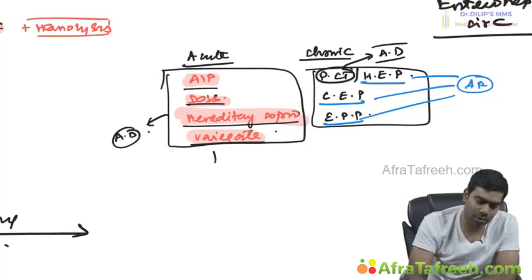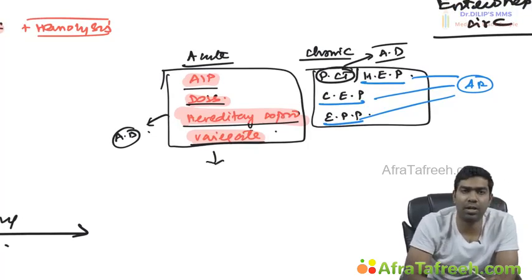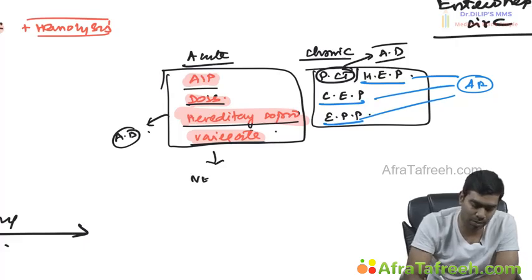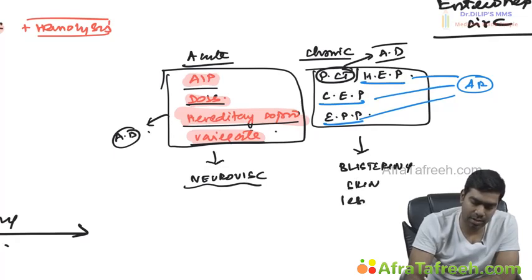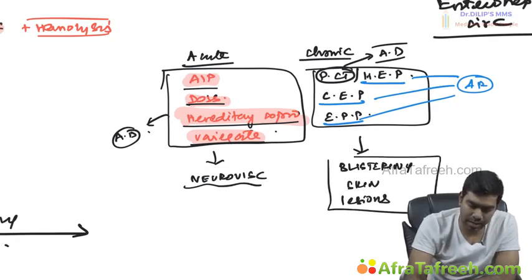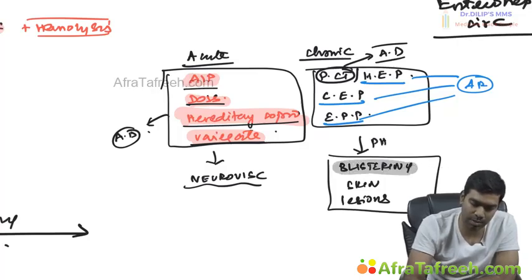And how do these acute porphyrias typically present? Acute porphyrias typically present with neurovisceral features. And chronic porphyrias typically present with blistering skin lesions, predominantly with photosensitivity.